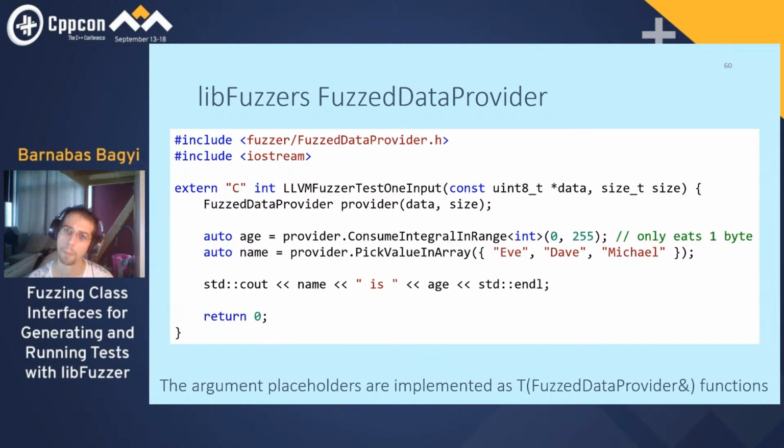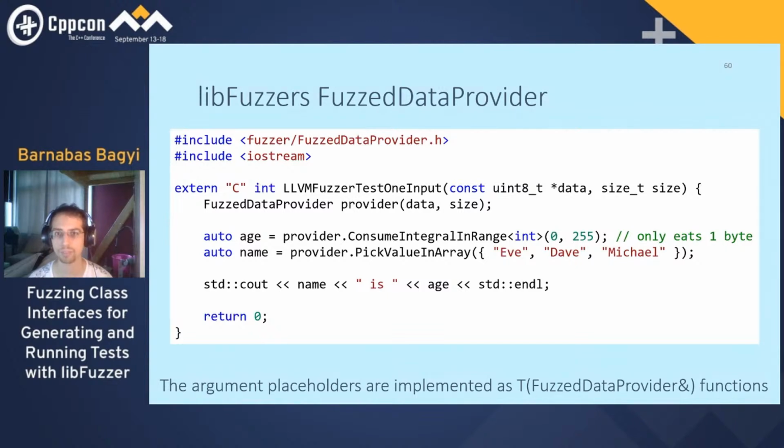And this is not all that it can do. It can also pick values from an array, it can generate floating point numbers, it can generate fixed or random size strings from our bigger strings, substrings if you will.